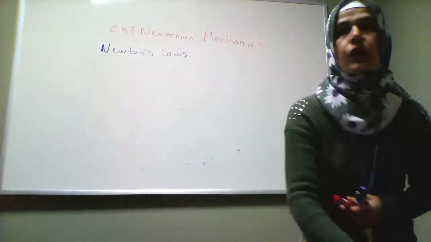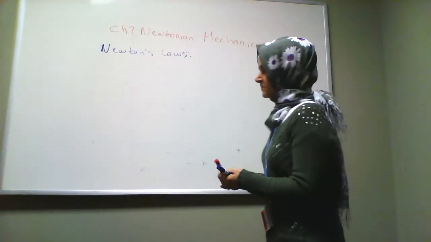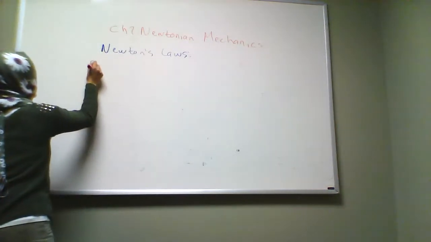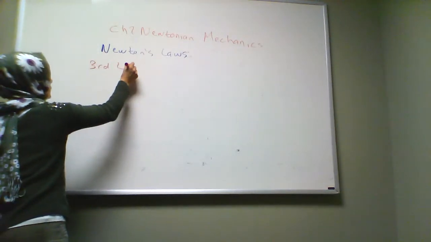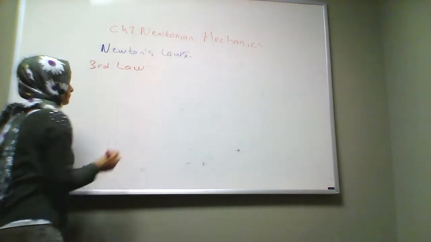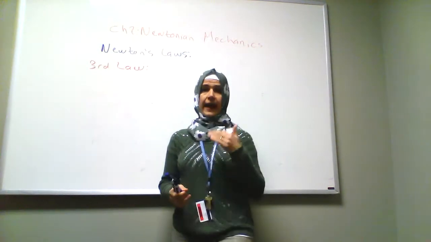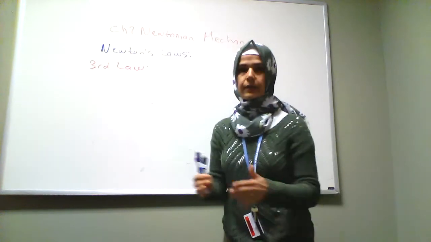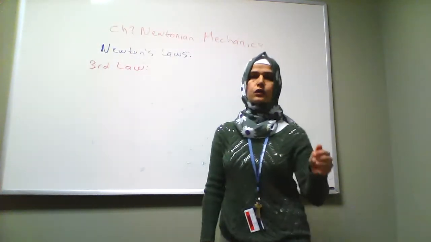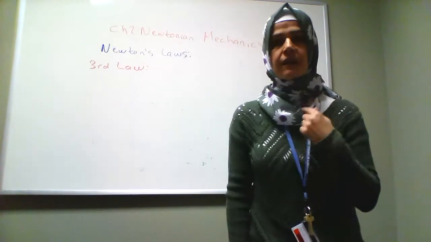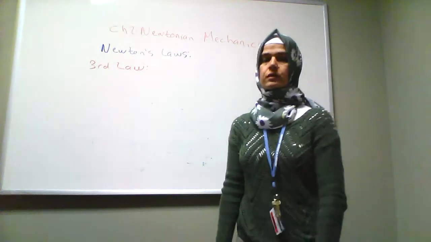So Newton's third law states that if there is a force acting on an object by another object, by a second object, the first object exerts the same force in the opposite direction on the second object.